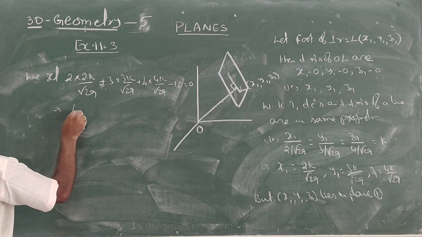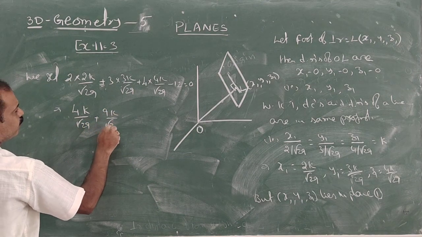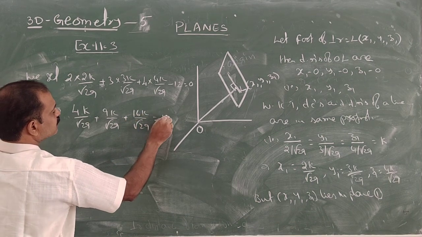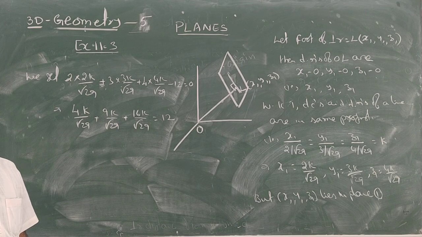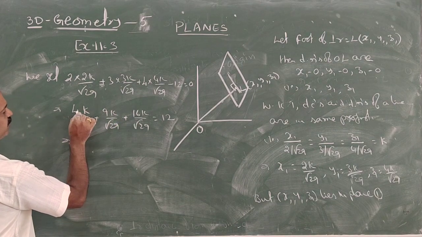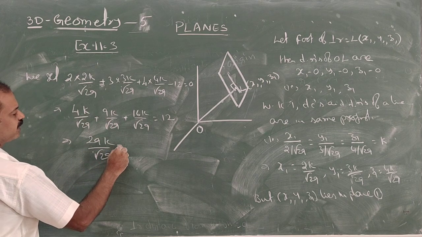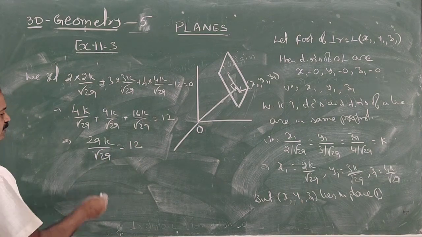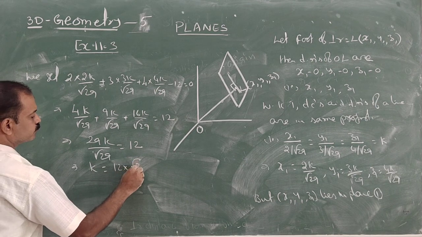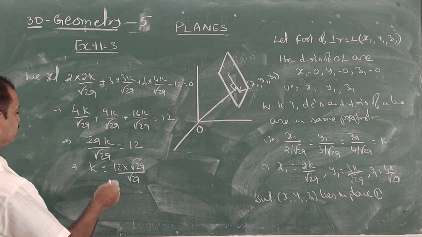Which implies 4k by root 29 plus 9k by root 29 plus 16k by root 29 is equal to 12. Now this is 16 plus 4, 20 plus 9, 29k by root 29 is equal to 12.